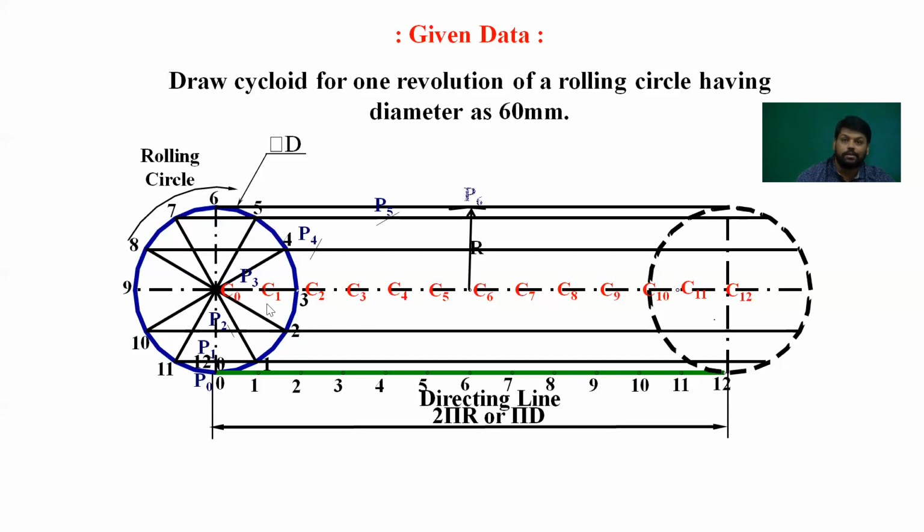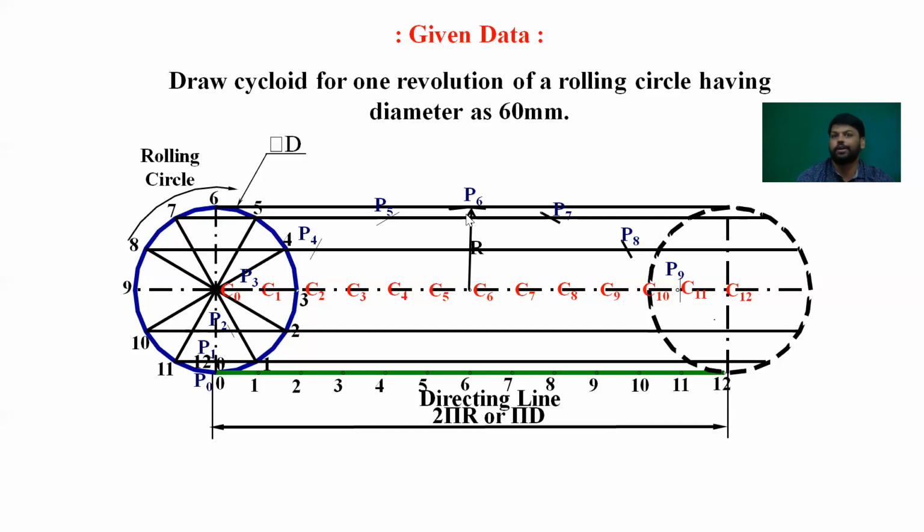Next, when the center comes to C3, with the radius you cut the line passing through 3, so that you get the point P3. Next, with C4 as center, with the radius you cut the line passing through 4, so you get the point P4. Next, C5 as center with the radius, you cut the line passing through 5. Next, with C6 as center, cut the line passing through 6.